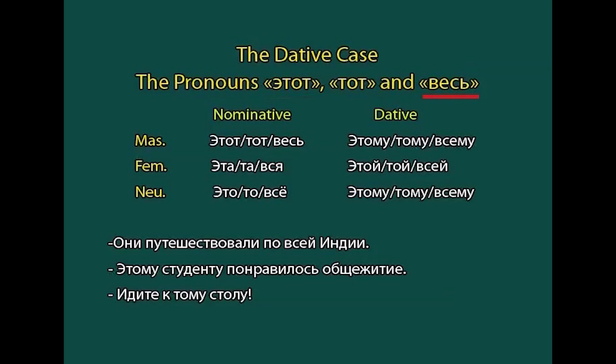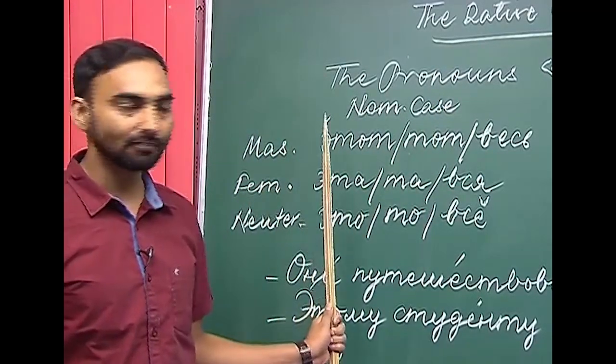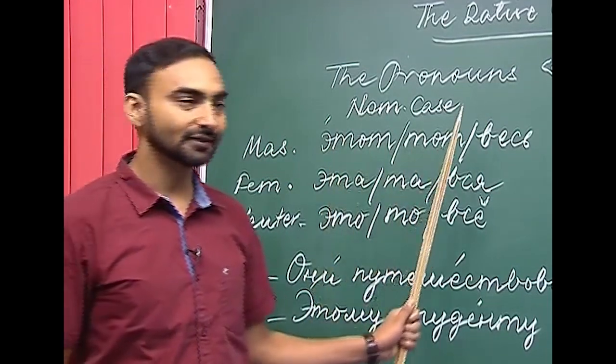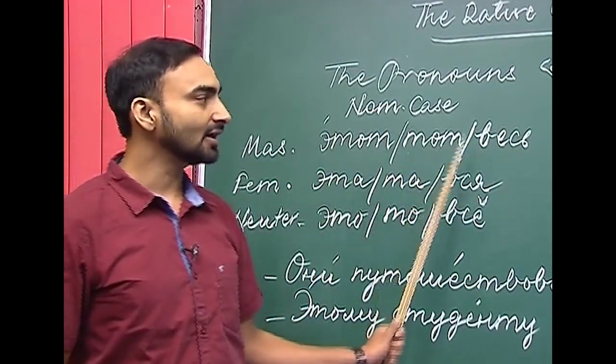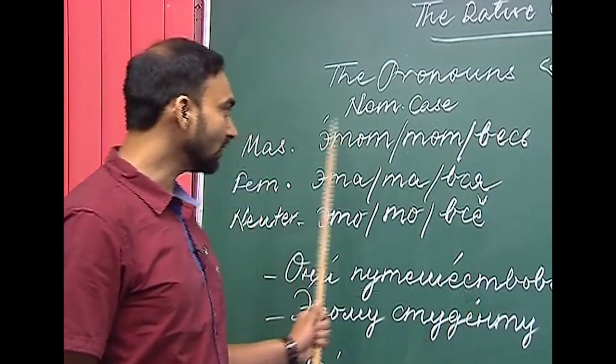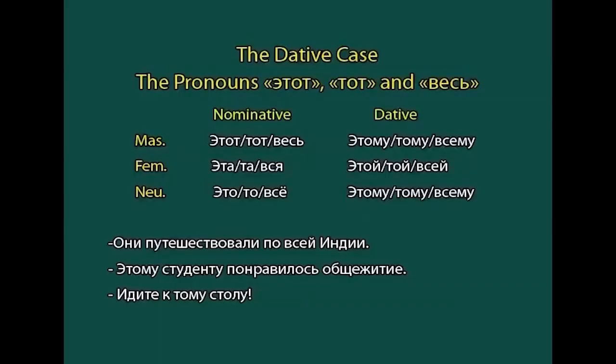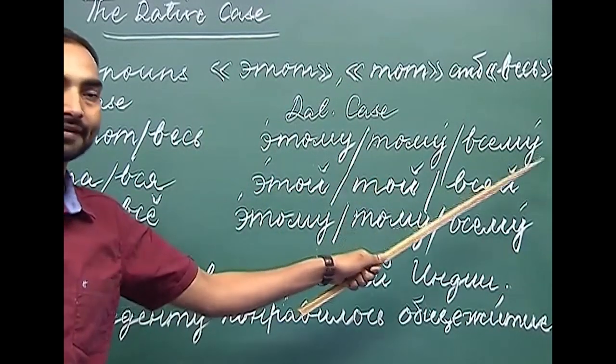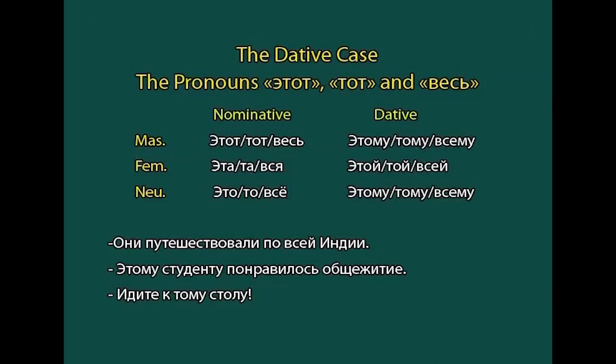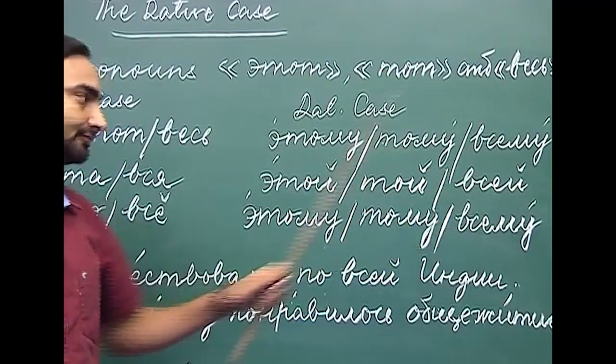This is the masculine form: этот is this, тот is that and весь is all. In the dative case, этот changes to этому, тот to тому and весь to всему. The feminine forms эта, та and вся change to этой, той and всей.